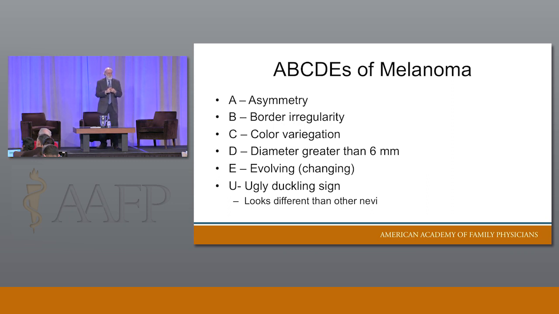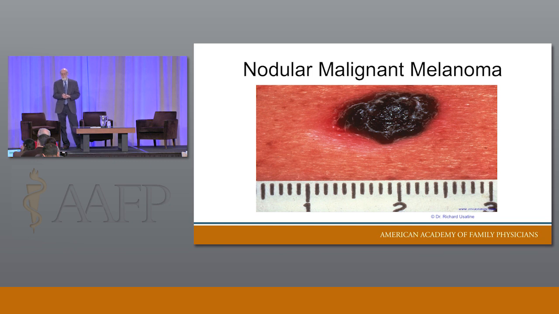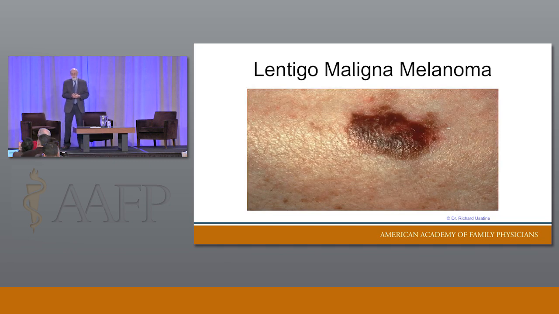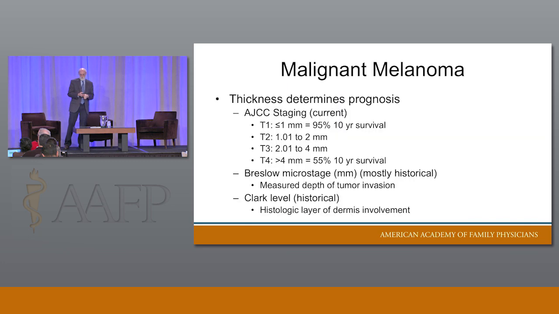Asymmetry, border irregularity, variable color, diameter over 6 millimeters, evolving lesion, and one that looks different than the other nevi, the so-called ugly duckling sign.